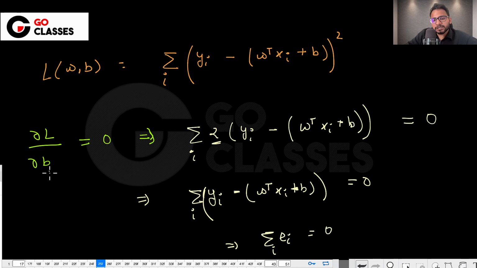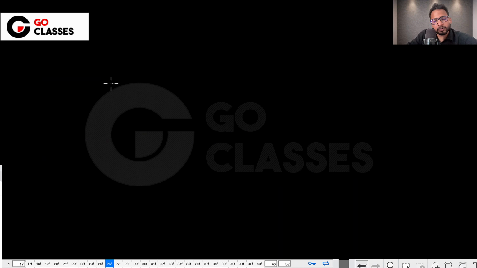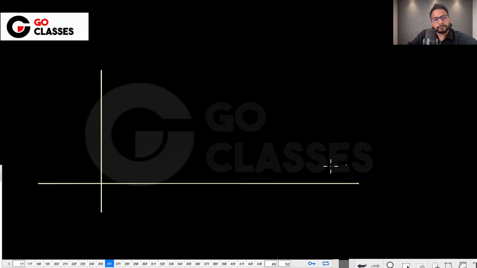So if you differentiate with respect to B, since there is a bias, you get this as the final answer. Which means if you have the bias term, you can adjust it in such a way that the summation of all the errors must be 0. Geometrically, suppose these are a few points where you want to fit a line in linear regression.